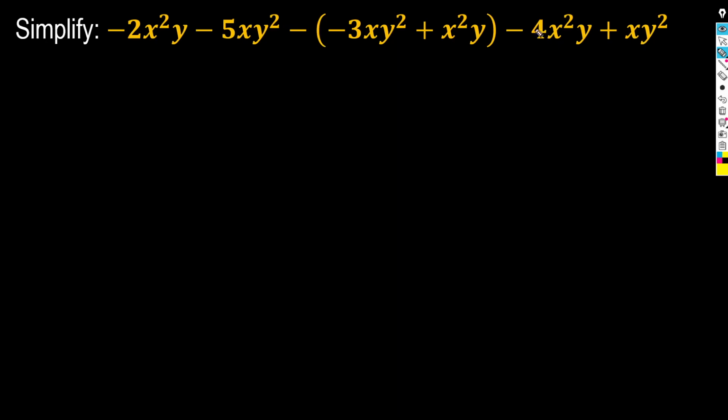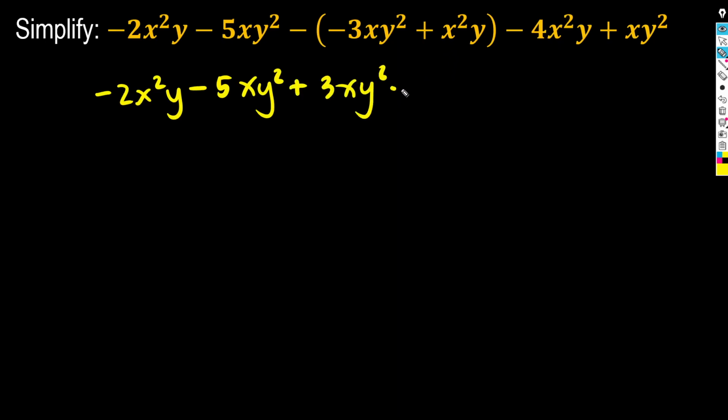Okay? So I should be able to rewrite my entire equation as negative 2x squared y minus 5xy squared. And then I take the opposites of the terms inside the group. Plus 3xy squared minus x squared y.